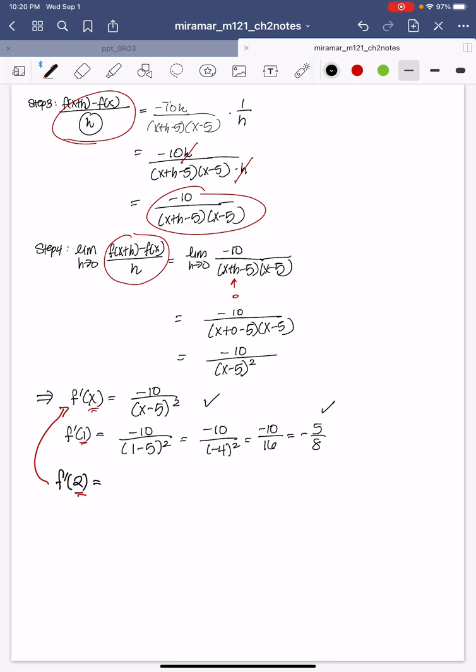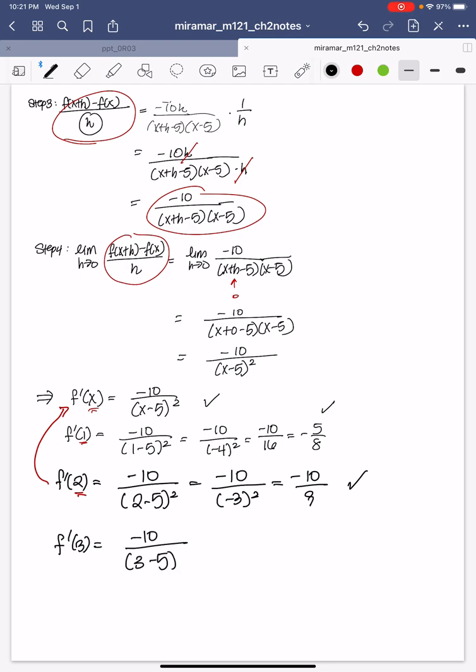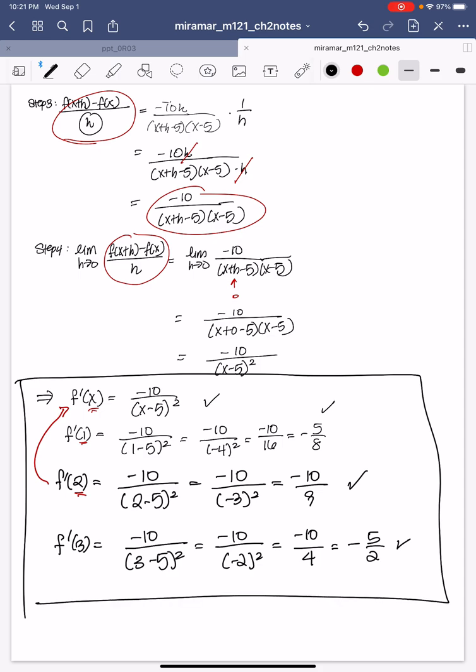So I have negative 10 over 2 minus 5 squared, which is negative 10 over negative 3 squared, which is negative 10 over 9. So negative 10 over 9 will be my f prime of 2. F prime of 3 will be negative 10, same thing, 3 minus 5 squared this time. Negative 10 over negative 2 squared, which is negative 10 over 4, which is negative 5 over 2. So these will be my final answers.